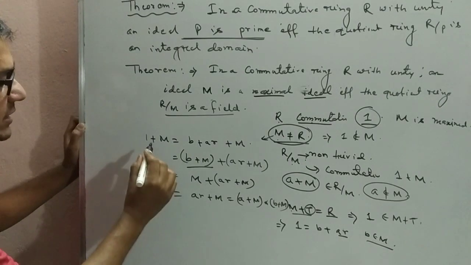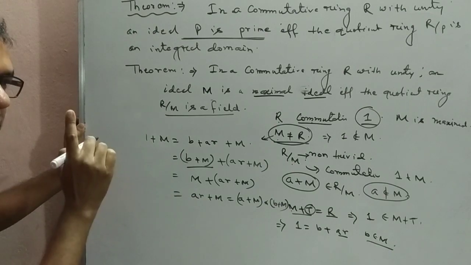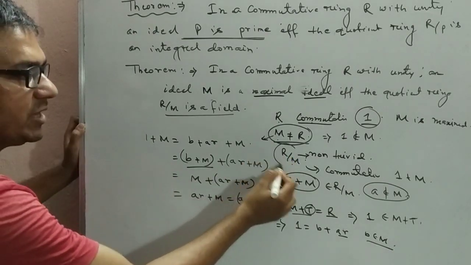Since R is commutative, R by M is also commutative.